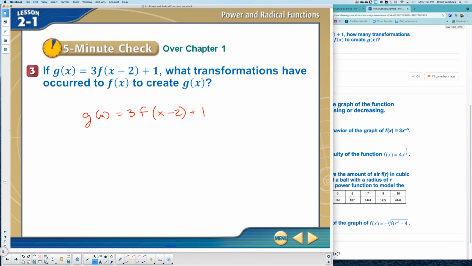The answer choices are that there's either 1, 2, 3, or 4 transformations. So I want you to think through how many transformations you see here. I'm going to do a countdown. I want to hear your answers. 5, 4, 3, 2, 1. There's 3 transformations here. Let's talk about what they are.